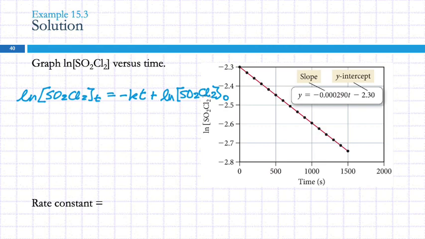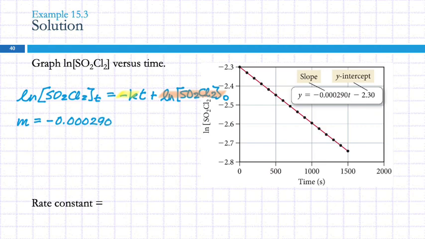So this is our slope, and this is the intercept. So y equals mx plus b. The slope is negative 0.000290. So m equals negative 0.000290.